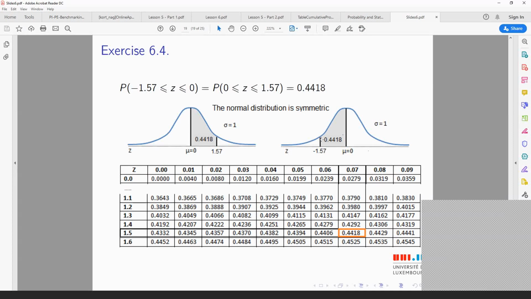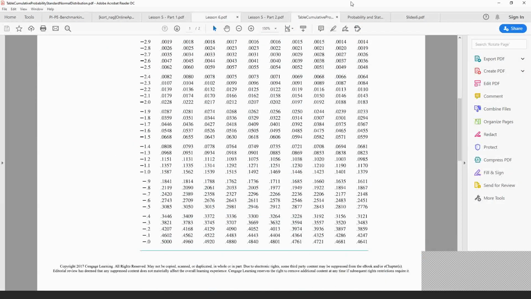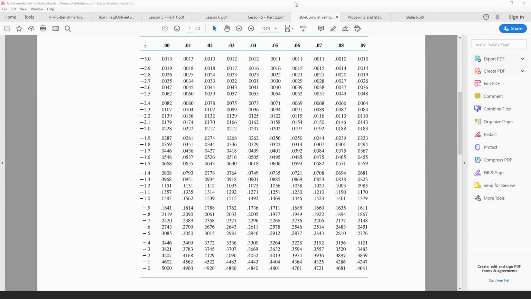How to explain it properly. For example, if you are looking for the probability, that's the quantile notation, and this is not an answer.